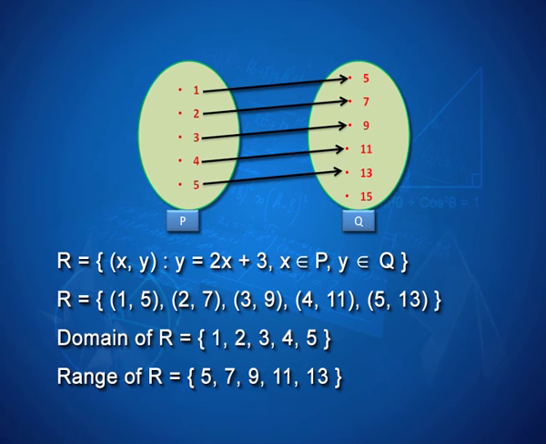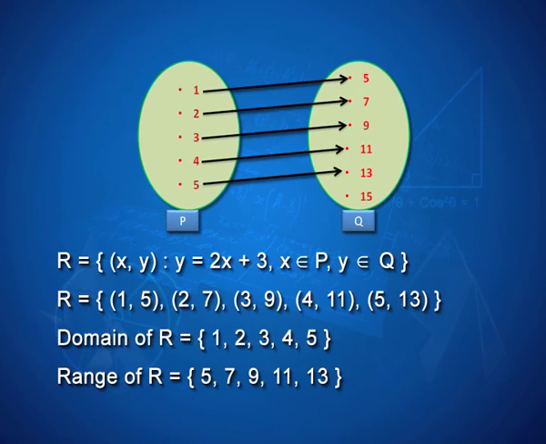Do I get the second element for each of these ordered pairs? Surely, and that is how you write the set builder form: the collection of all ordered pairs (x, y) such that y is 2x plus 3, where x comes from the set P and y belongs to set Q.